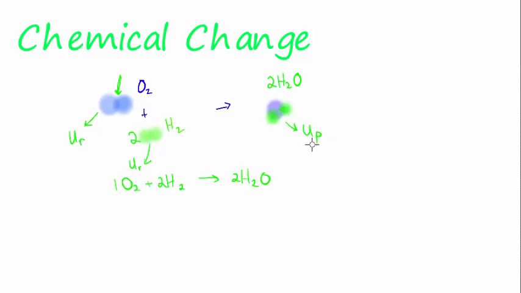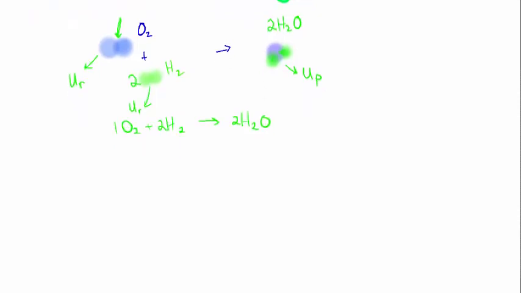Okay, now if I then look at all of the energy that my reactants have, the reactant energy would be the sum of those two, just all of the energy that each molecule contains. And then afterwards I have the product's potential energy. Now it's not necessary that both of these energies are the same.